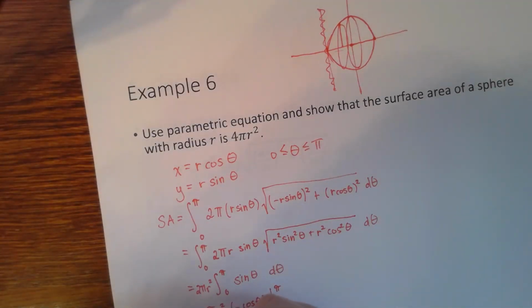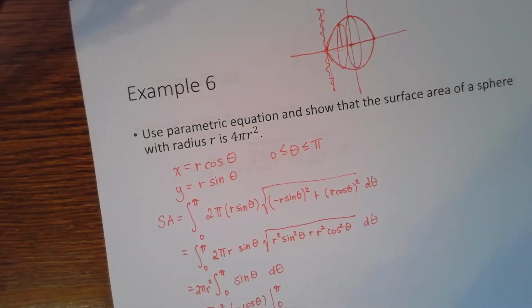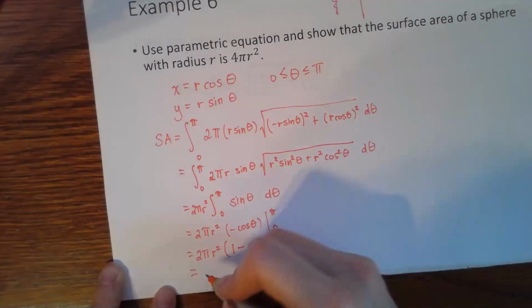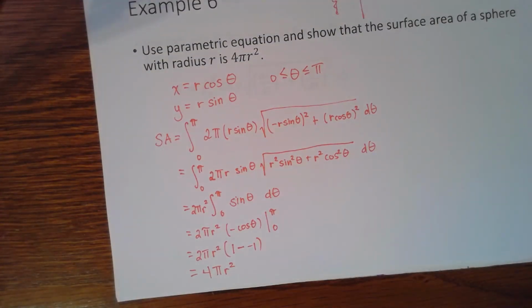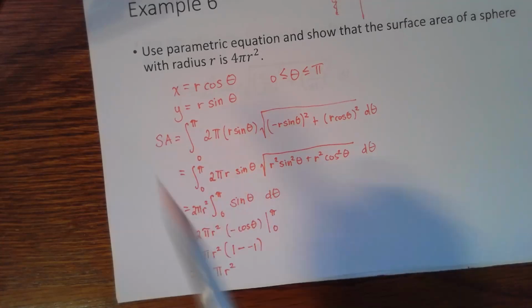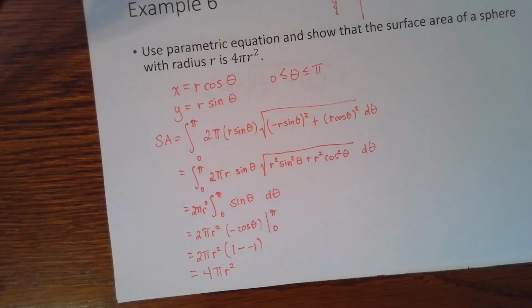And so we have 2 pi r squared times: the cosine of pi is negative 1, so negative cosine of pi is 1, and then minus the negative cosine of 0, so cosine of 0 is 1, that would be negative 1. 1 minus negative 1 is 2, so this gives us 4 pi r squared. Okay, so indeed the surface area is 4 pi r squared.